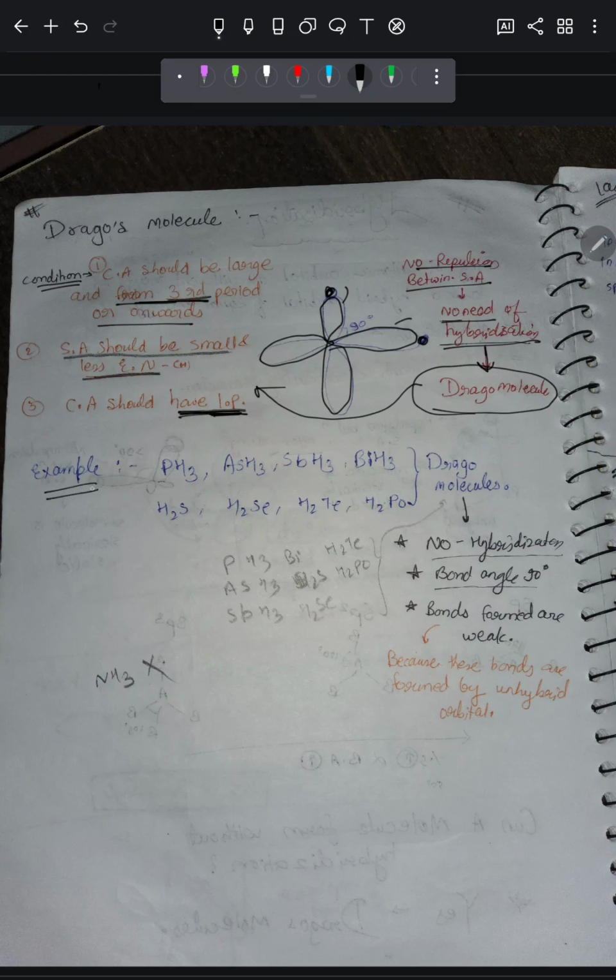Some examples of Drago molecules are PH3, AsH3, SbH3, BiH3, and H2S, H2Se, H2Te, and H2Po. These are all examples of Drago molecules where no hybridization is possible and the bond angle is about 90 degrees.